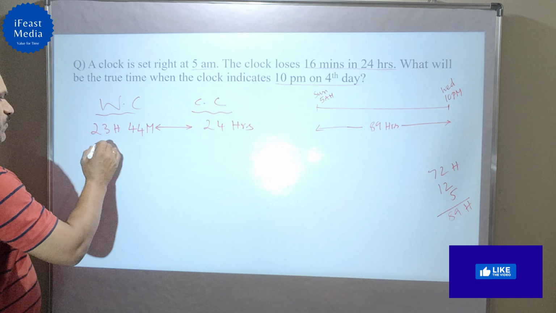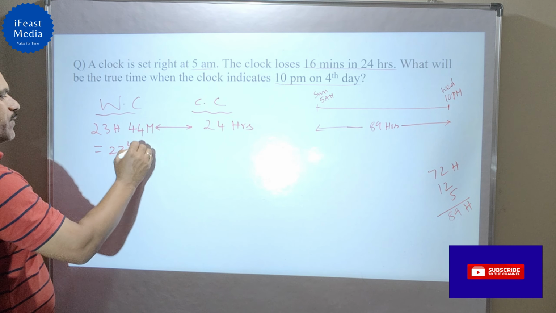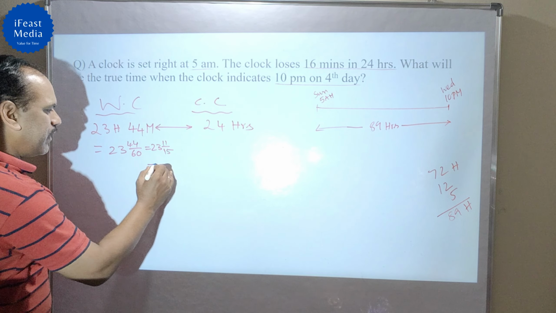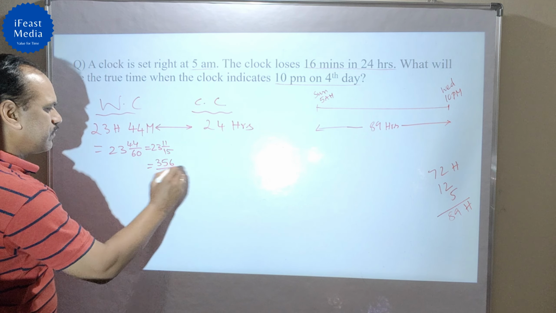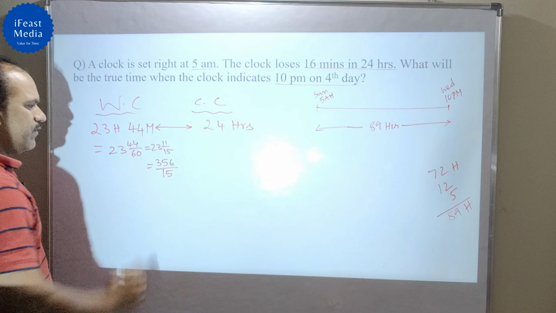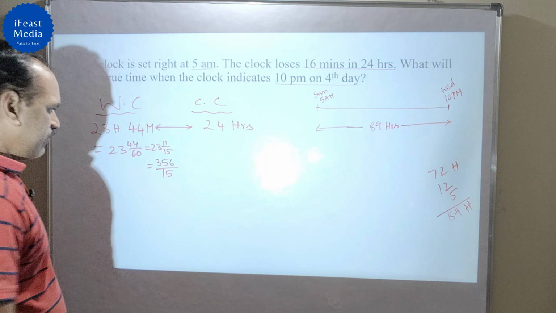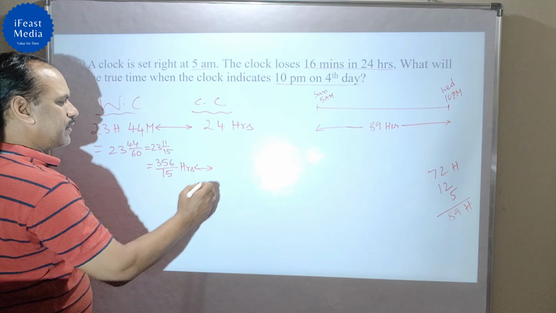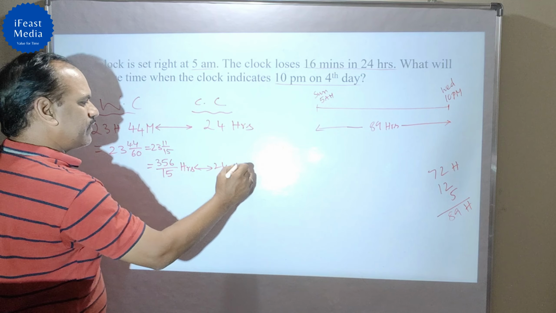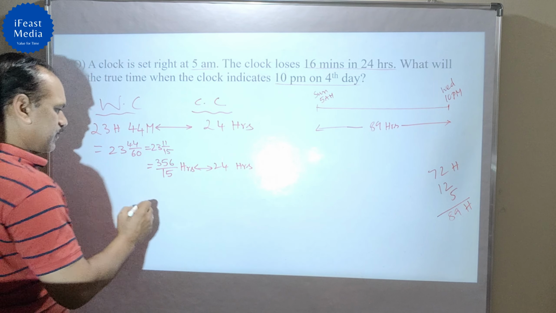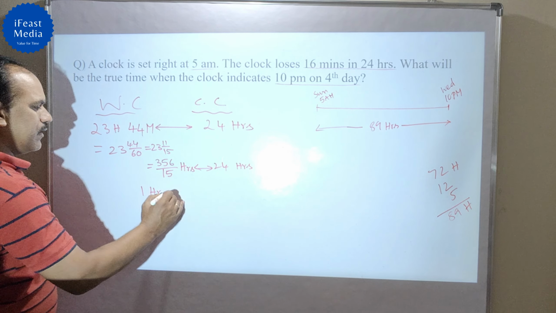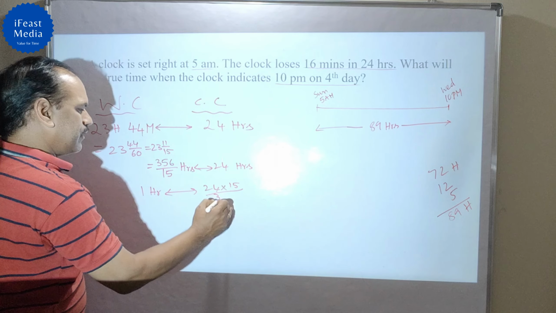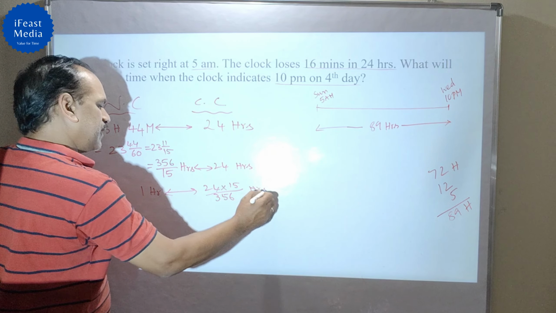So 23 hours 44 minutes is equal to 23 44 by 60, which is 23 11 by 15, same as 356 by 15. So 356 by 15 hours in the wrong clock is equivalent to 24 hours in the correct clock. So 1 hour in the wrong clock is equivalent to 24 into 15 by 356 hours in the correct clock.